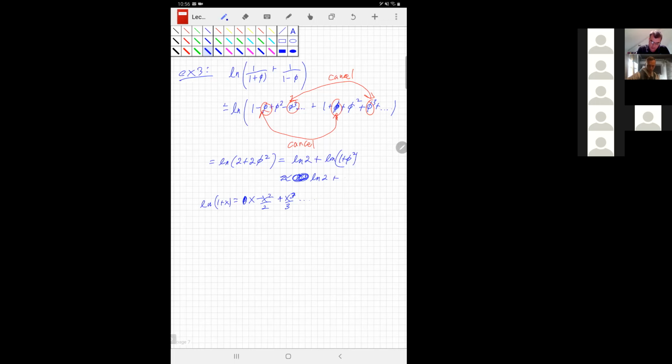So if we just take the first term, we're left with phi squared. And so this messy thing here becomes just a constant plus phi squared.